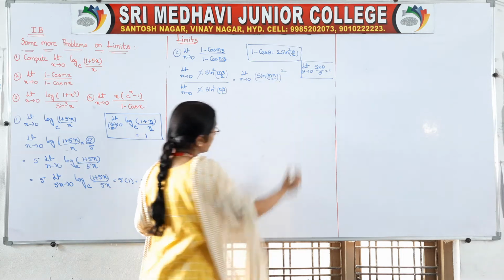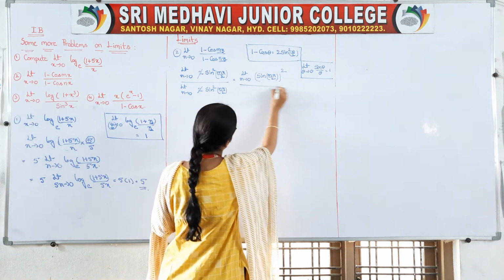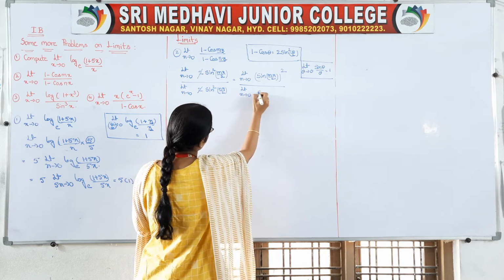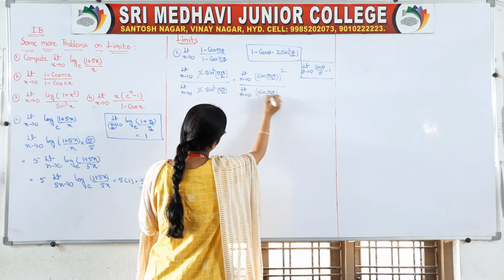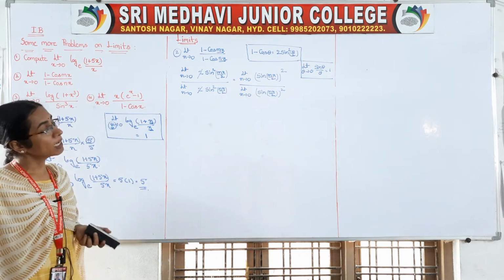So this can be written as sin mx by 2 whole square. Similarly, we can write this as limit x tends to 0 sin nx by 2 whole square. Sin square theta, sin theta whole square, both are same.